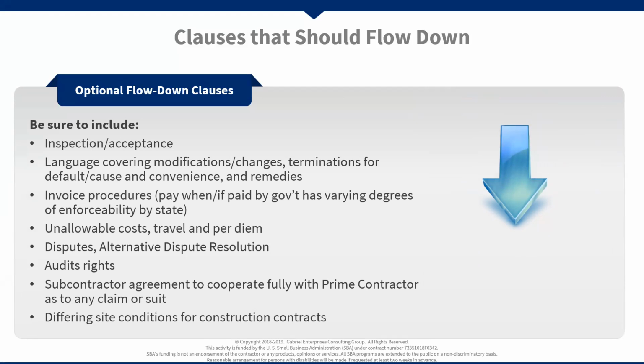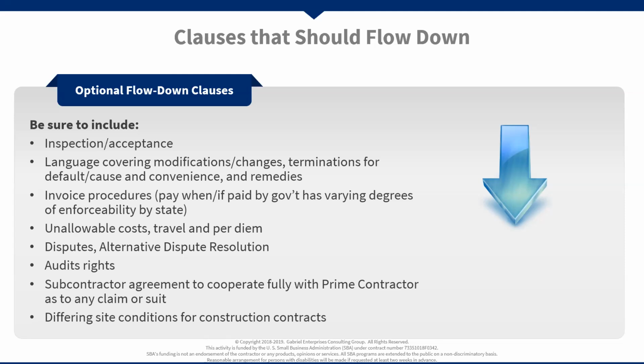One thing in particular I'll point out on this slide is the subcontractor agreement to cooperate with the prime contractor as to claims and suits. Basically, if there's a dispute between the government and the prime contractor, you want the subcontractor to agree to provide information and be involved in those sorts of claims against the government. So that's a key one.